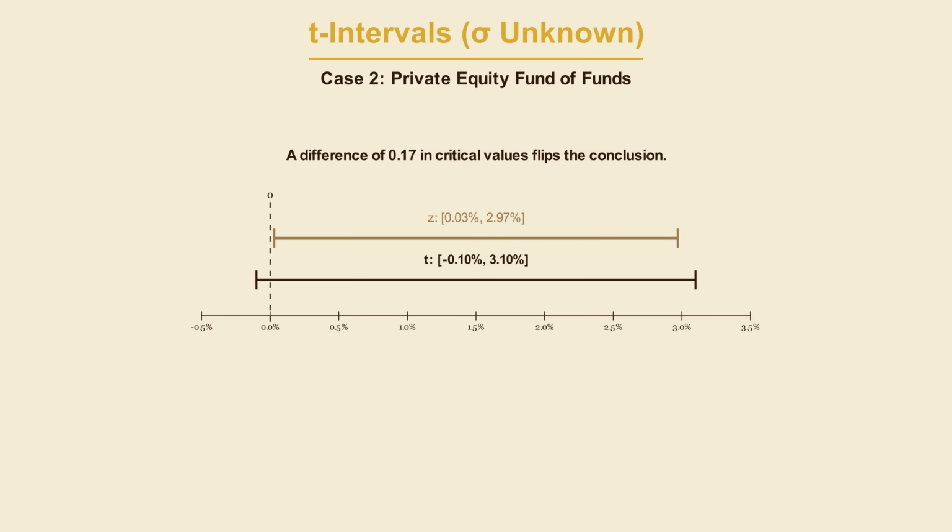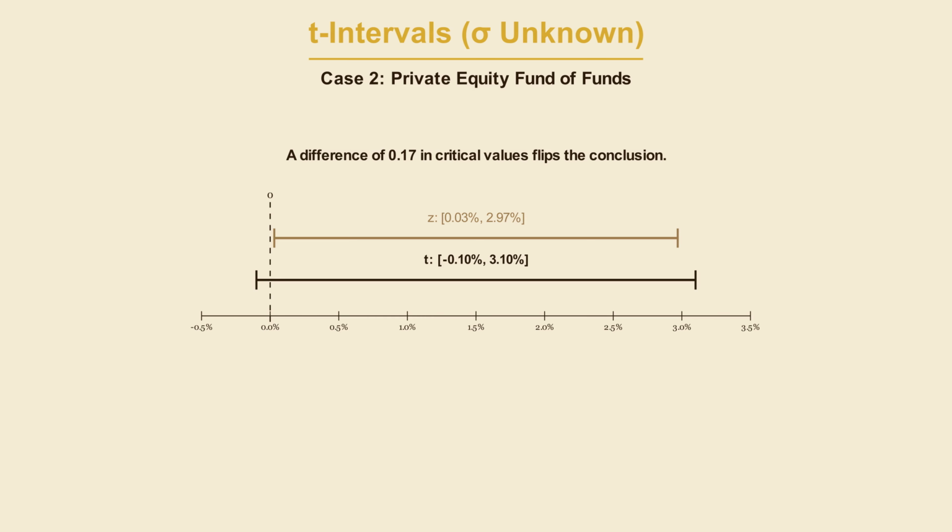And that actually ends up flipping the conclusion entirely. It's worth noting that in other samples, the same error might not flip the conclusion. If the sample mean were larger relative to the standard error, then both intervals might end up excluding 0. And the z-interval would just be overconfident without actually being incorrect about this conclusion.